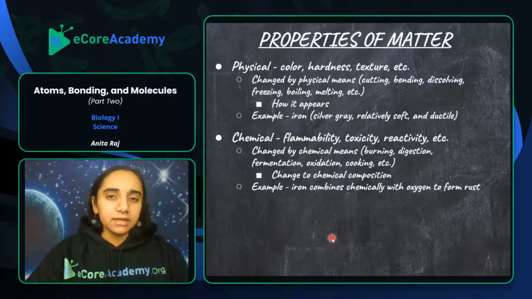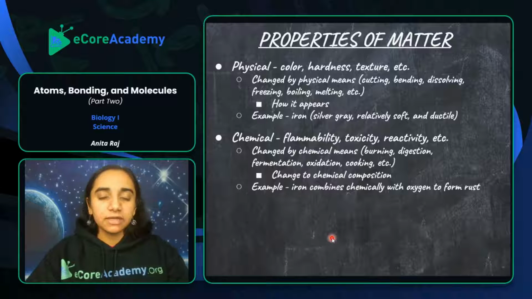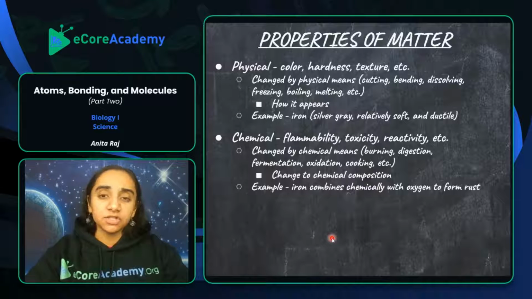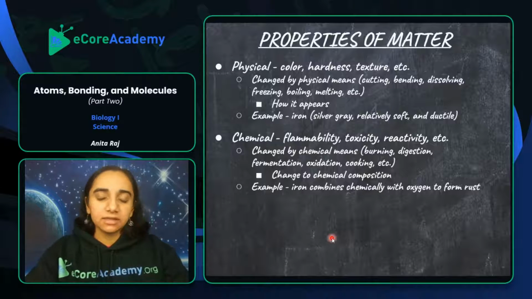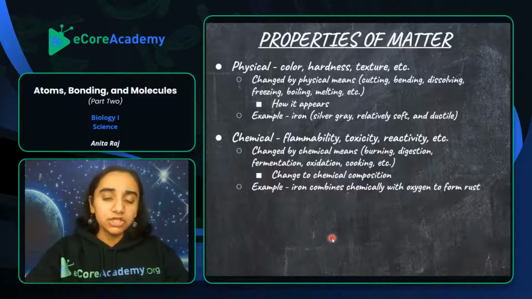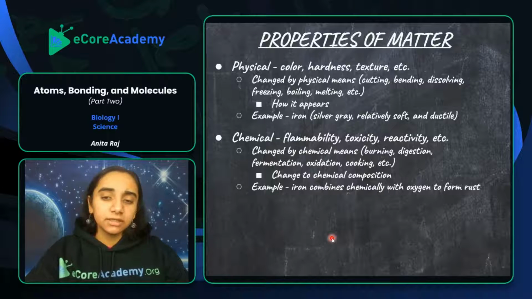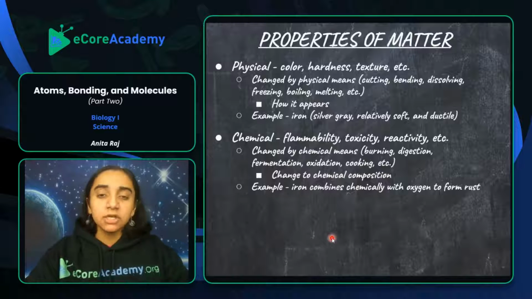Oxidation is when you take an electron away from a substance. So you're actually changing the chemical composition of the substance. So it's a chemical change. You have cooking, for example baking, things like that. That involves fire. That involves changing elements, the chemical composition. So again, to change the chemical composition, a good example would be that iron combines with oxygen.